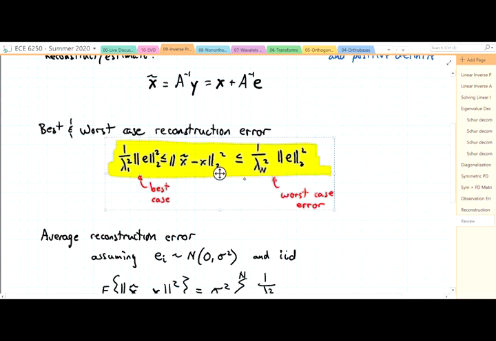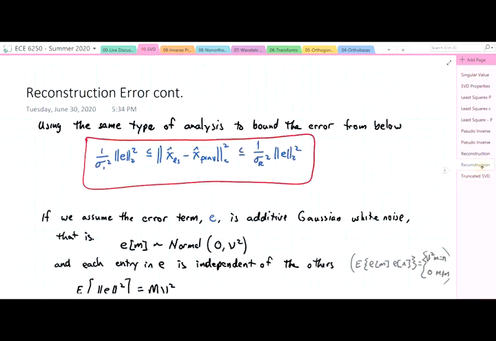So let's copy that. We'll go back. Here we had our reconstruction error shown in red. What's the difference? The only difference is we're using the singular values instead of the eigenvalues. But in the case of a positive definite symmetric matrix, the singular values and eigenvalues are going to be the same.